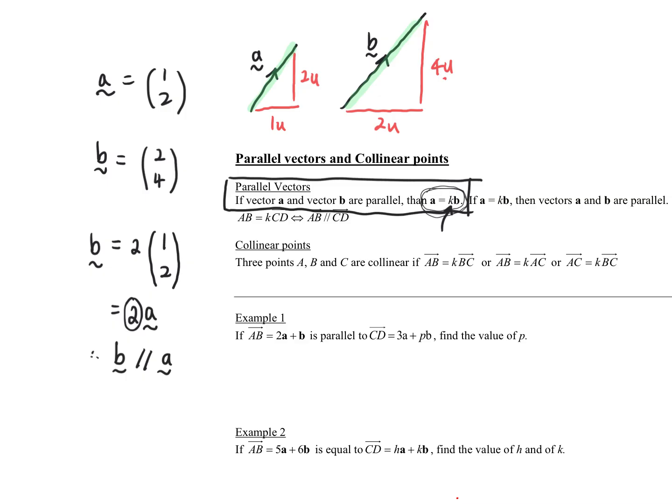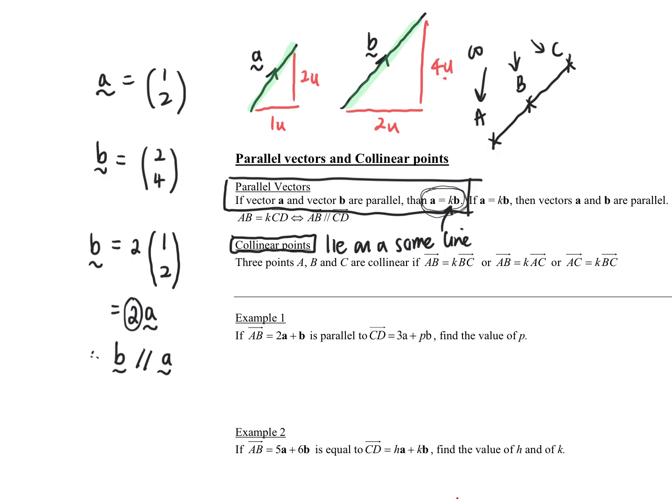So if I say 3 points are collinear, collinear means lie on the same line. So if I have 3 points, A, B, C, all lie on the same line, I call them collinear points. So when they are collinear, they must be parallel to each other.